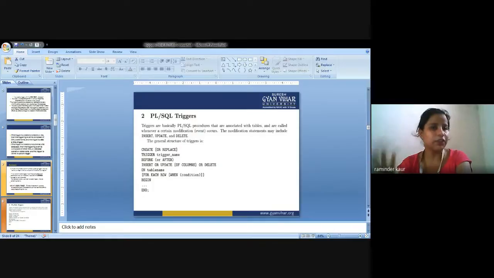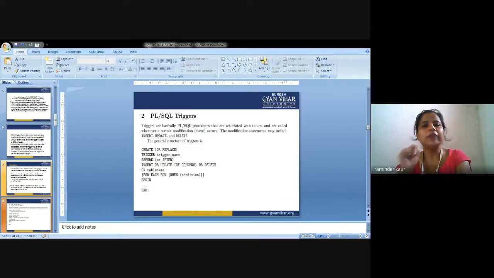But what are the features that PL SQL offers? You are supposed to have a look at the same. What are the features of PL SQL? It is basically a procedural language, that we already know. It provides the functionality of decision making, iteration, and many more features of a procedural programming language.